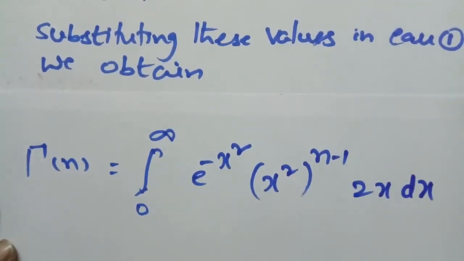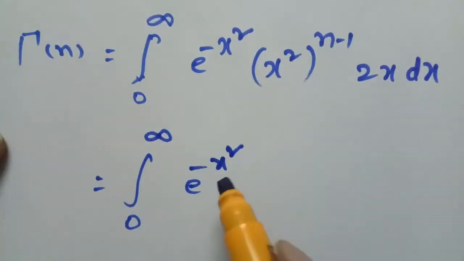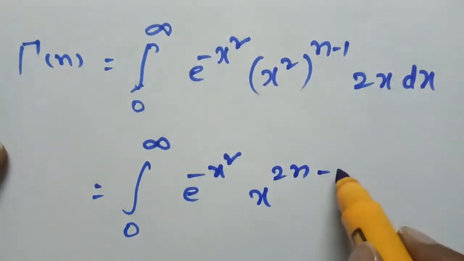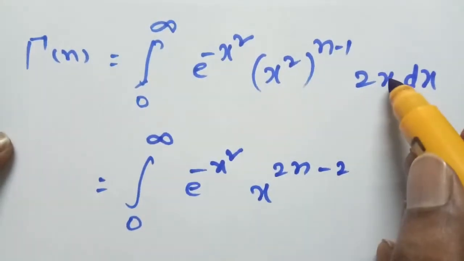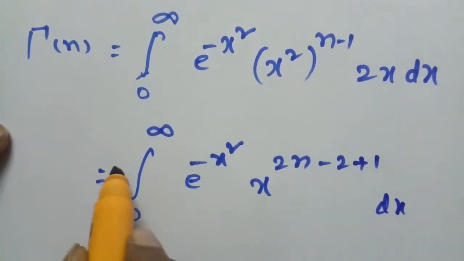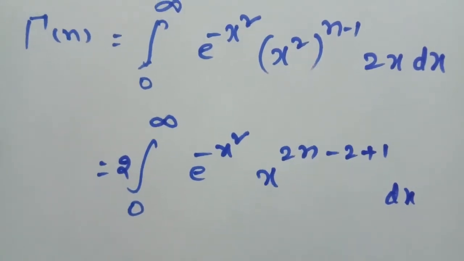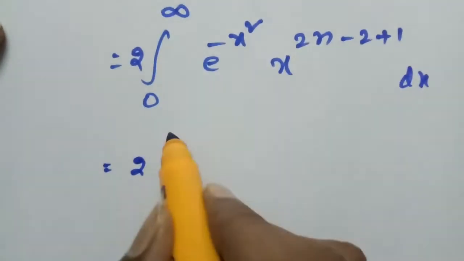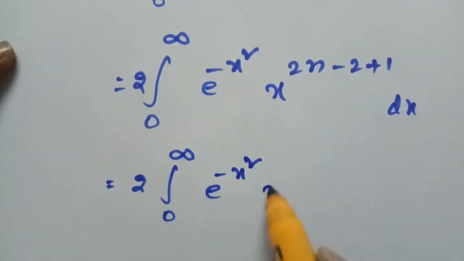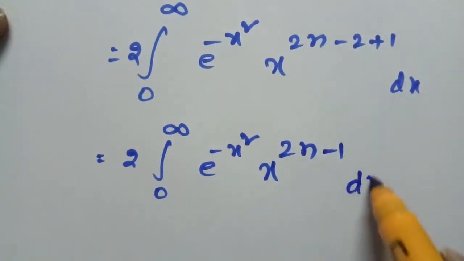Now simplifying, integral 0 to infinity e to the power of minus x square, x to the power of 2 into n minus 2, into 1, 2 x to the power of 1. Bases are equal, so we are adding the powers, into dx. We are writing 2 outside of the integration since 2 is a constant. Therefore, 2 into integral 0 to infinity e power minus x square into x to the power of 2n minus 1 into dx.